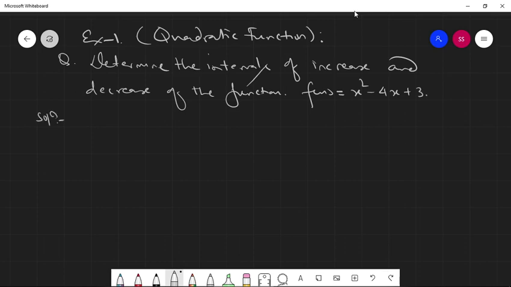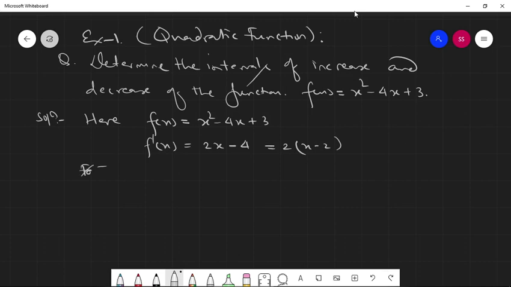Now the solution goes like this. Here f of x equal x square minus 4x plus 3. We have to find the first derivative, that is 2x minus 4, 2 times x minus 2. To find stationary points, we have f dash x equal 0.